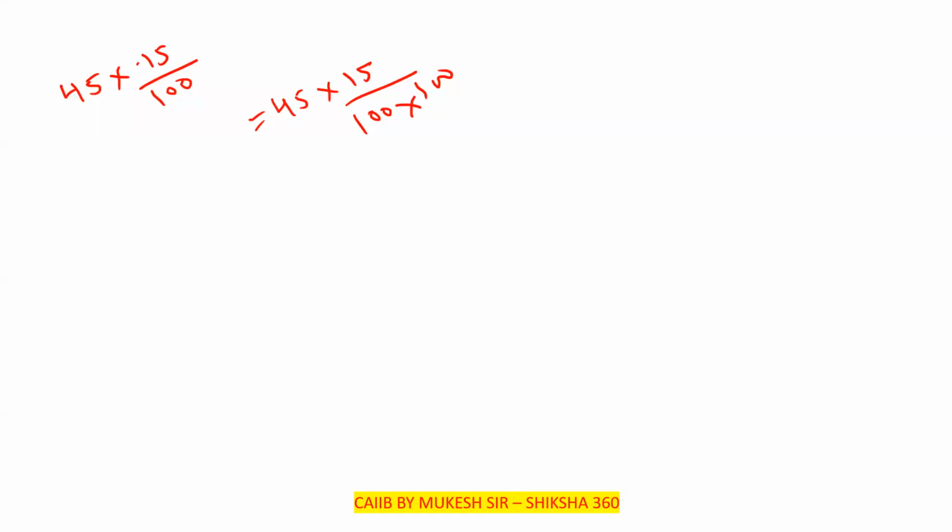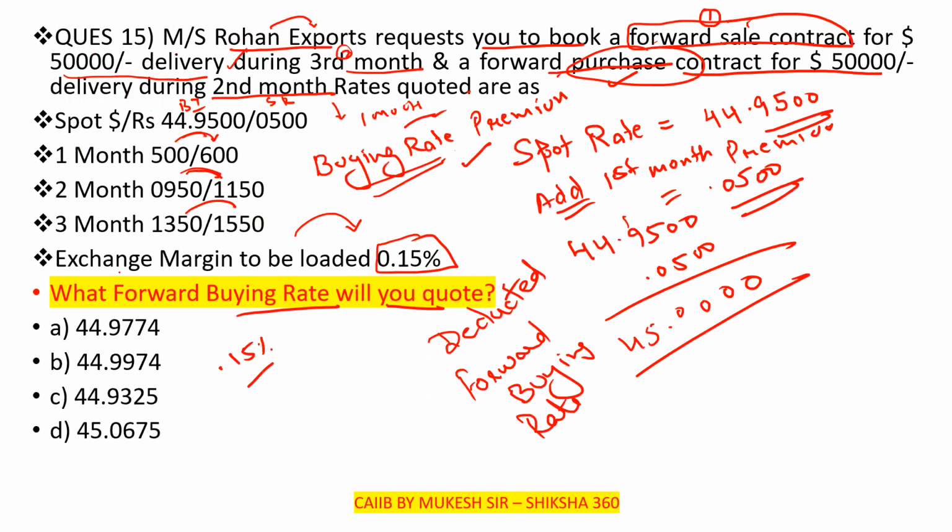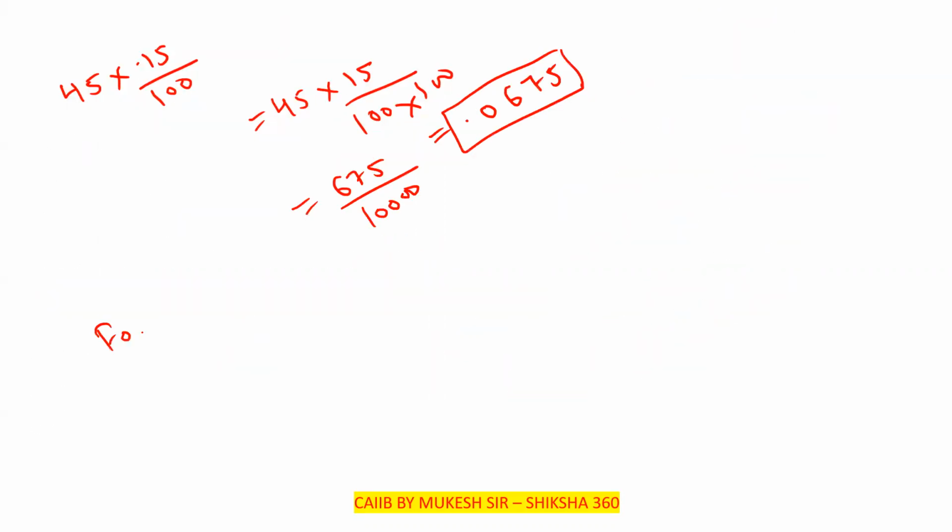So it gets calculated here: 45 into 15, 675 upon 10,000, that is 0.0675. So what will be the forward buying rate?